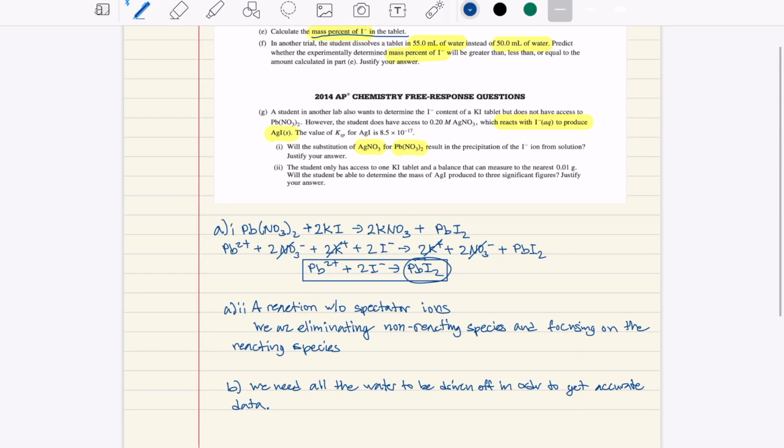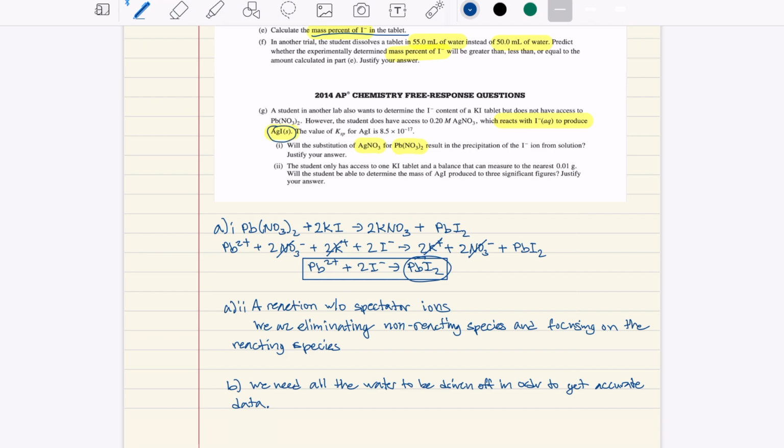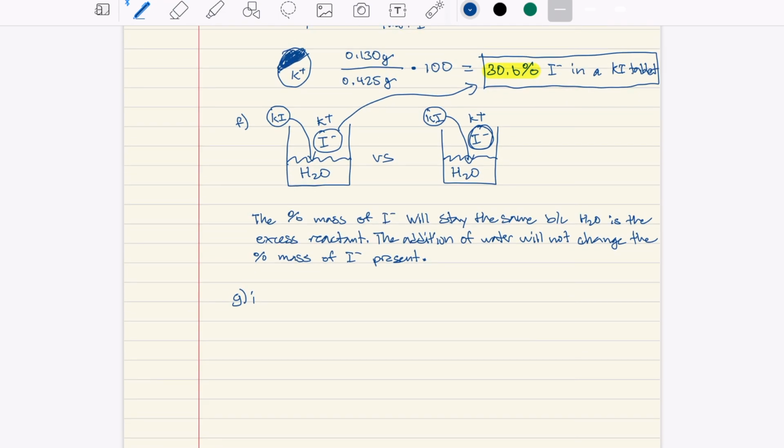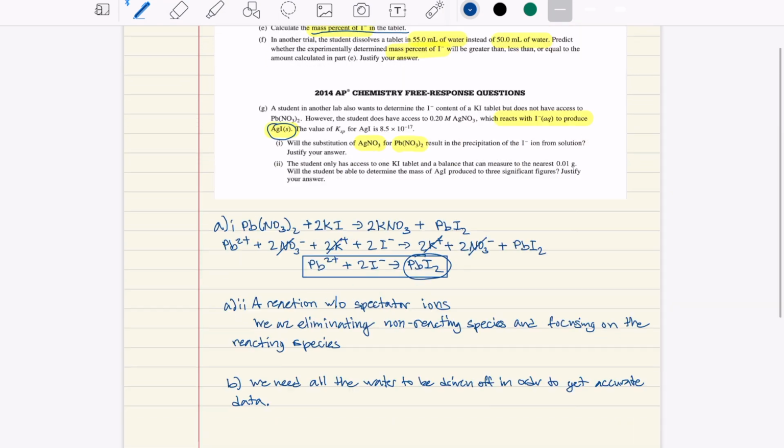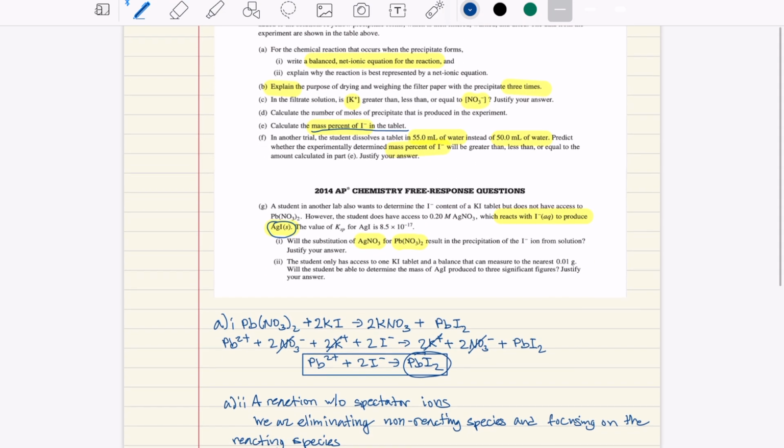The answer is yes, the substitution of AgNO3 will cause a precipitate of I minus, because it tells us it's going to form AgI as a precipitate.